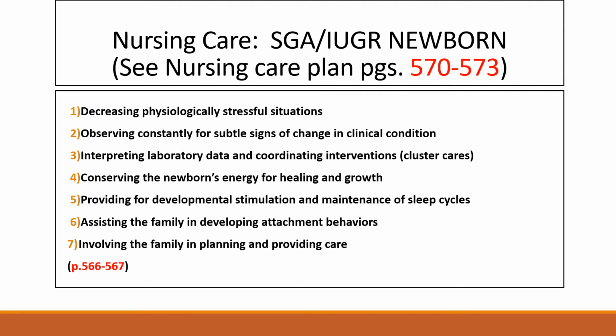Remember that these babies are small. We do want to make sure that they are getting the rest that they need. They're getting the nutrients that they need. But we also want to promote bonding. That is extremely important for these babies so that the parents can have a sense of this is their baby and that they are doing something that's going to help them to move their baby along and help them to do better.